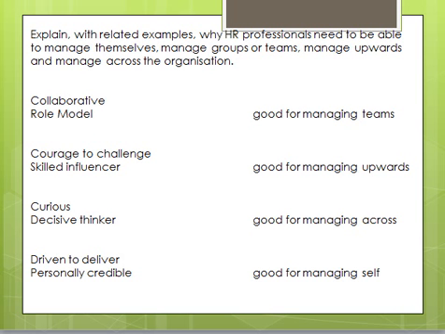I think that if you're asking people to work collaboratively, then that's something that you would need to role model yourself within that team. And then the next example could be managing upwards, because there isn't a direct line there for you to be able to manage upwards. You need to use alternative skills, such as being a skilled influencer.